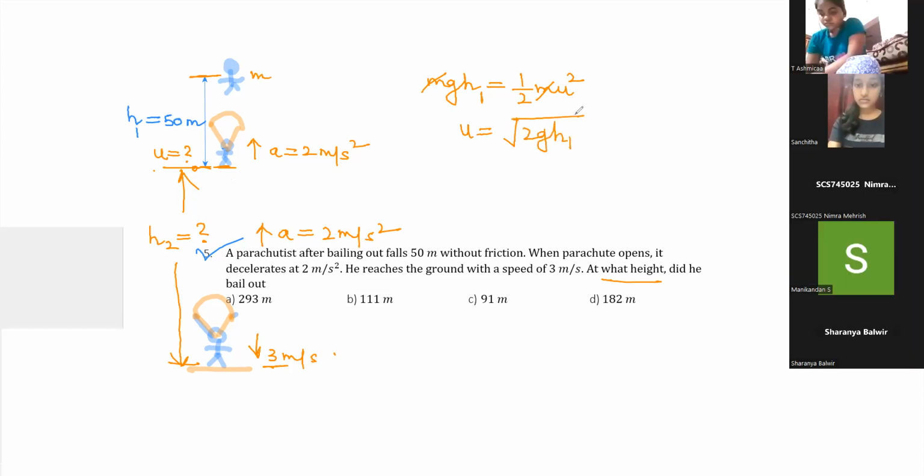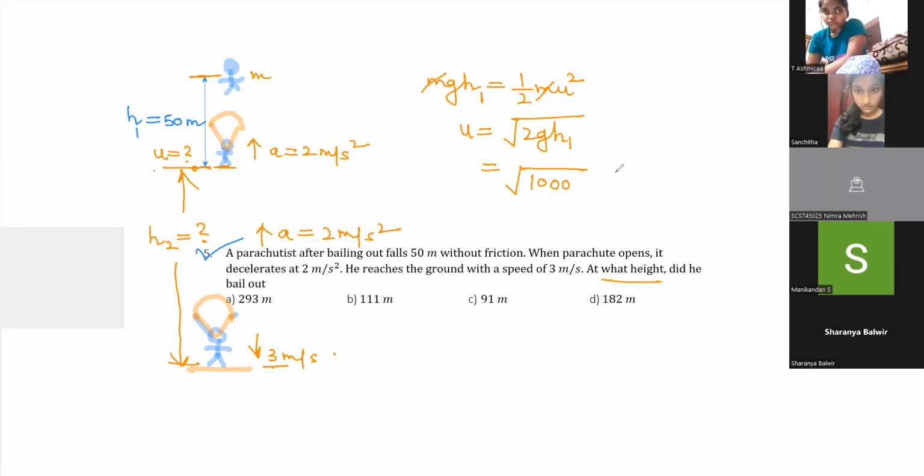All of you. Understood? So now we know u, right? And what is that u? It's 1000. Let's write it as 100 into 10, right? So it is 10 root 10 meters per second.